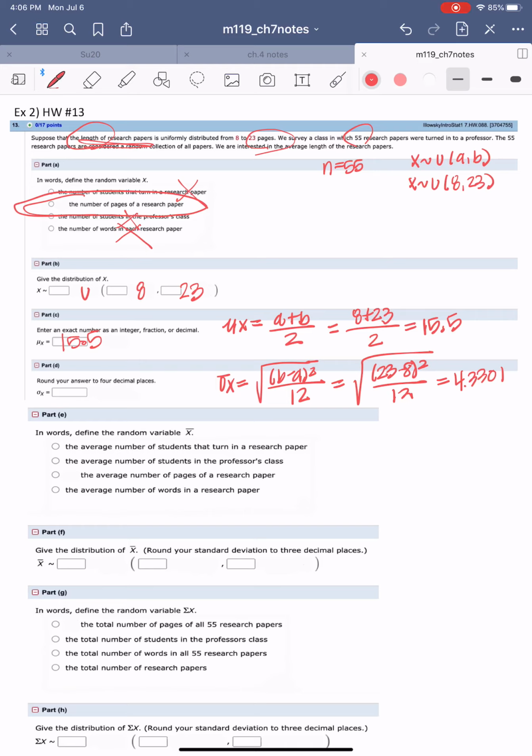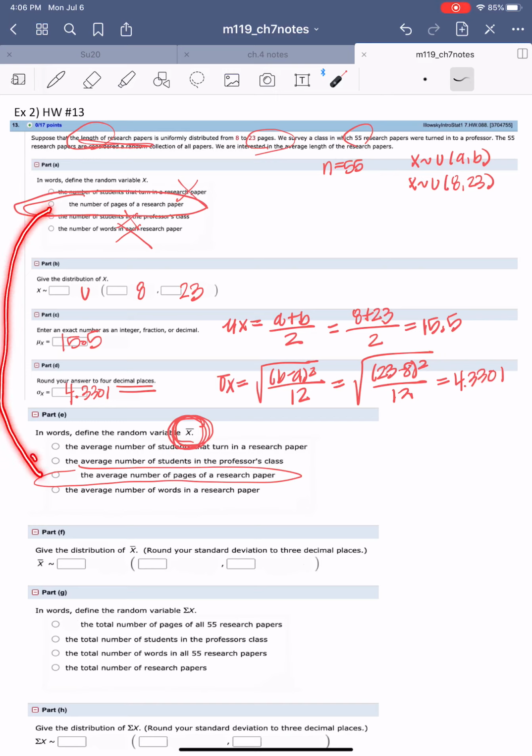4.3301, rounding to the 4th decimal place. So x represents the number of pages. What's x bar? X bar is a mean, an average. So it will be the average number of pages, right? You just follow this one, but add the word average. By central limit theorem number 1, this is CLT number 1, right? Because it's an average, it's going to be a normal distribution.